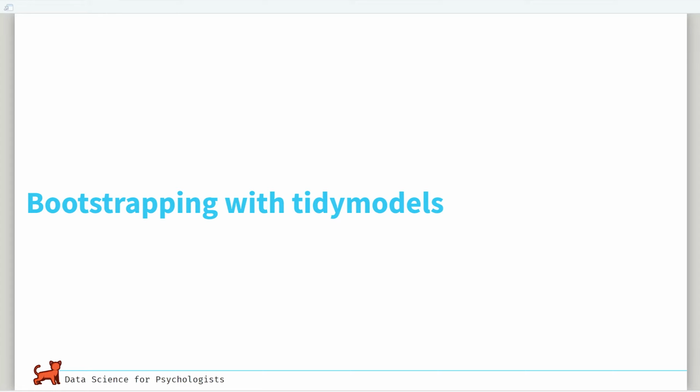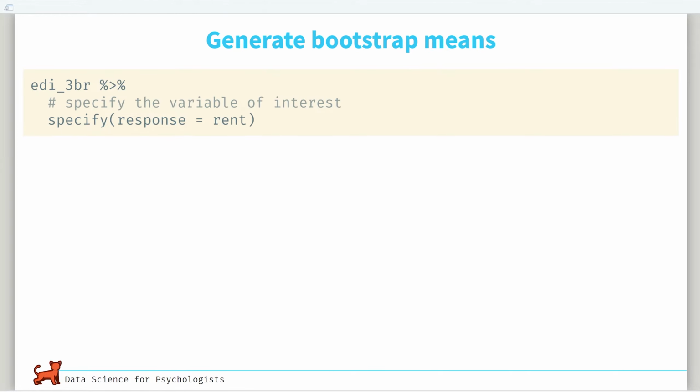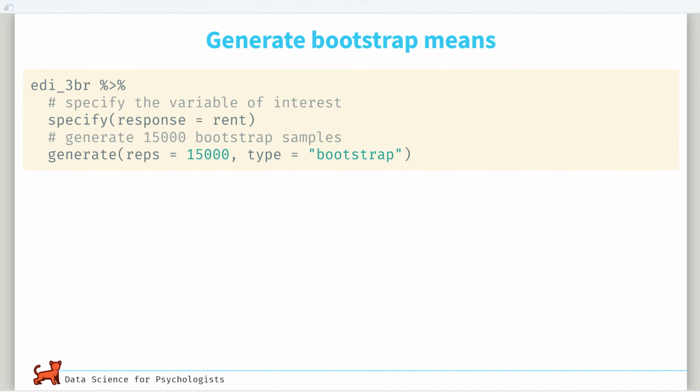So how do we do this with tidy models? Well, we're going to specify our variable of interest, in this case, rent. And then we're going to generate 15,000 bootstrapped samples. And we'll do that, as you can see here. There should be a pipe that I'm missing, and I apologize for that.